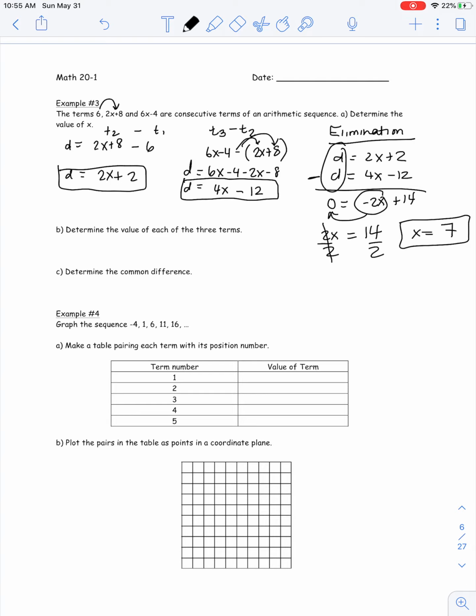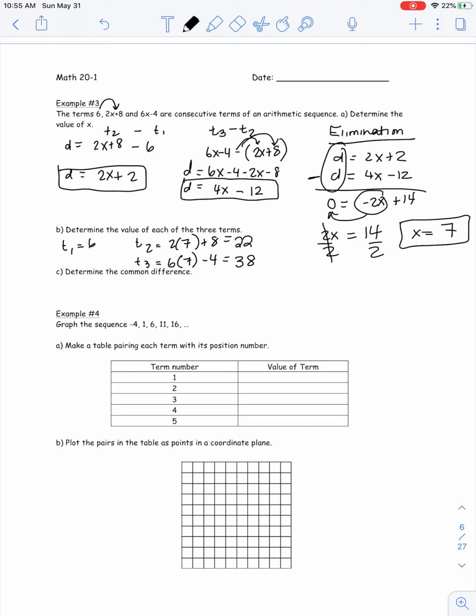That was for a. Now they want us to find the value of each of the terms. Well, we know that term 1 is already 6. Term 2 is by placing x as 7. So term 2 will be 22. 14 plus 8, which is 22. Term 3 will be 6 times 7 minus 4, and that would be 38.